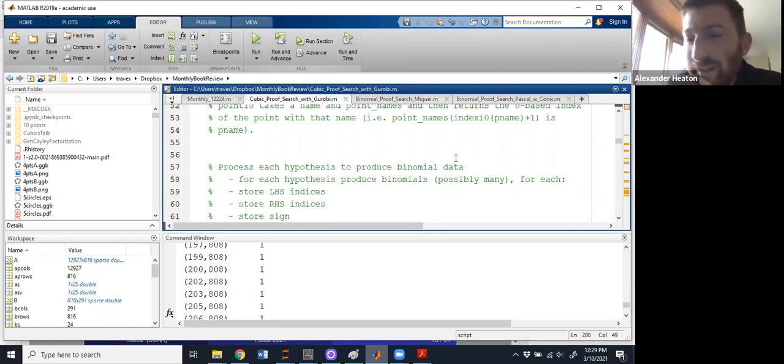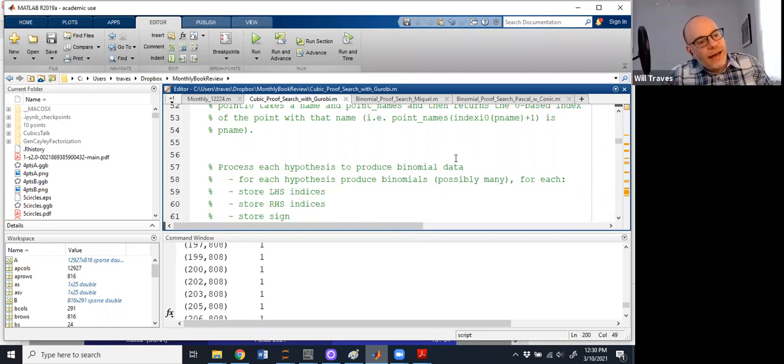But the problem there is this coordinate ring is non-commutative. So I don't know if that would mess things up. Yeah, I guess if you could get a binomial relation, I think you might be able to do something. A lot of this really depends on the binomial relations.